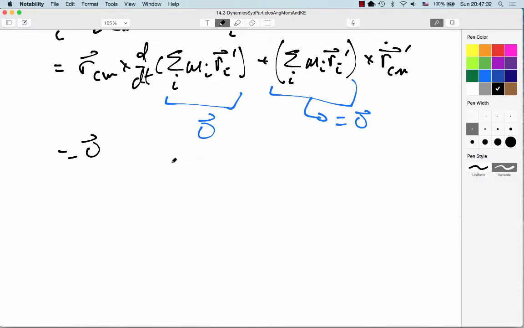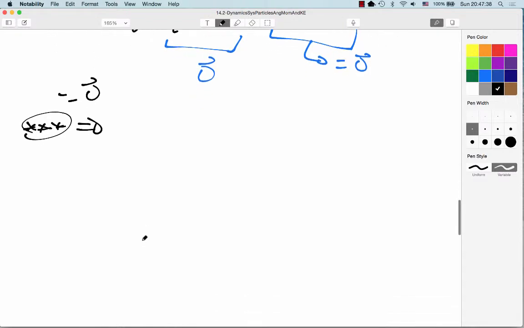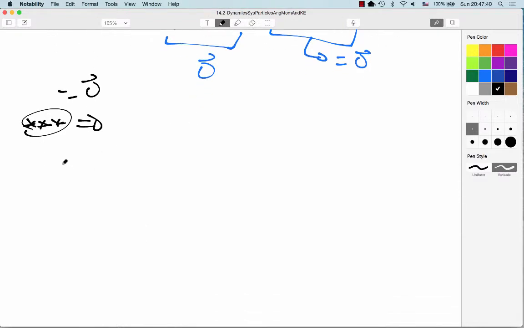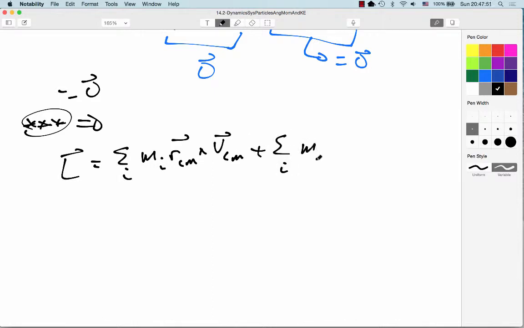Okay, so with that in hand, let's see what's happened to triple star now that we've dispensed with the middle two terms. I have L is equal to the sum over i of m_i R_CM cross V_CM, plus the sum over i of m_i R_i prime cross V_i prime.